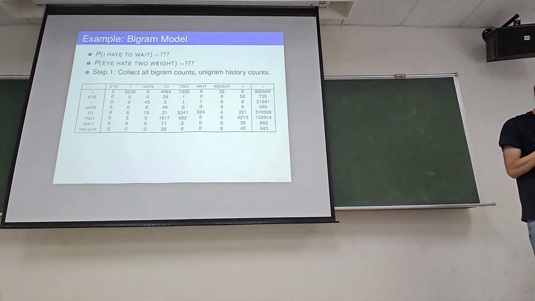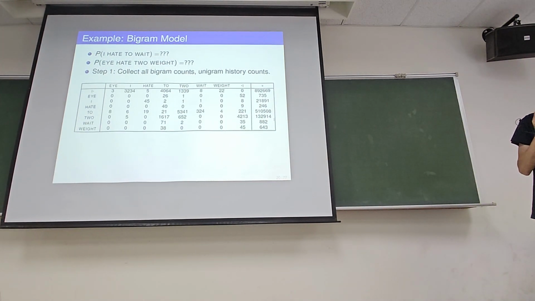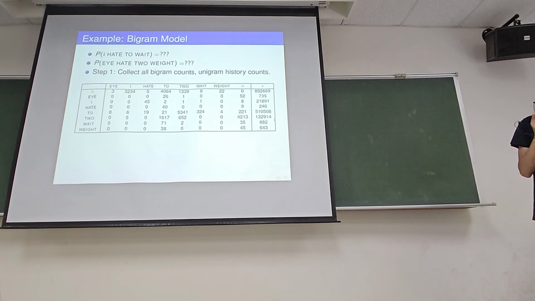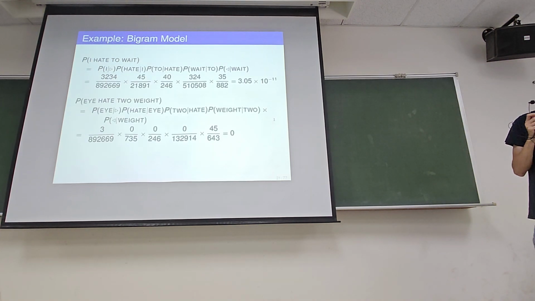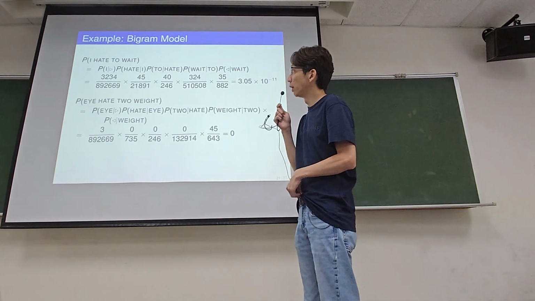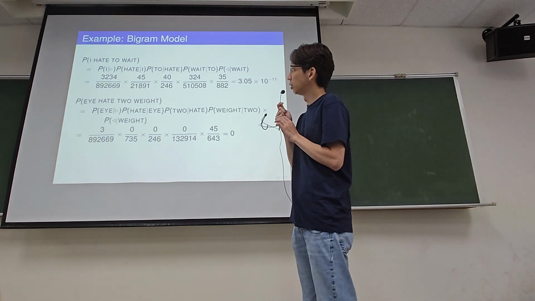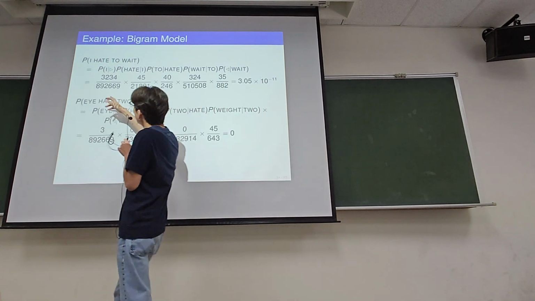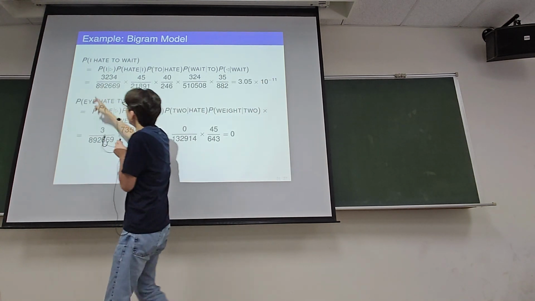In regular training, you go through the database, collect your bigram counts and unigram counts, then normalize them, so that you can compute the probability of "I hate to wait" and the probability of "I hate to wash". So you have 3,234 divided by 89,000.